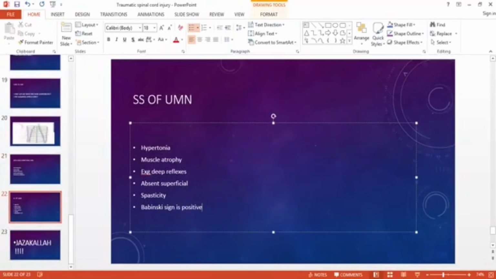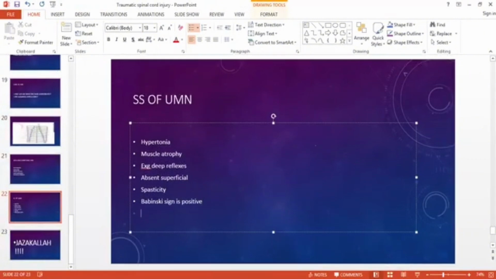Okay, what else? Anything else? Any sign? One more sign is seen here. If you people scratch your head, one more sign. Do you people remember? No, in the head. Okay, so there'll be clonus.